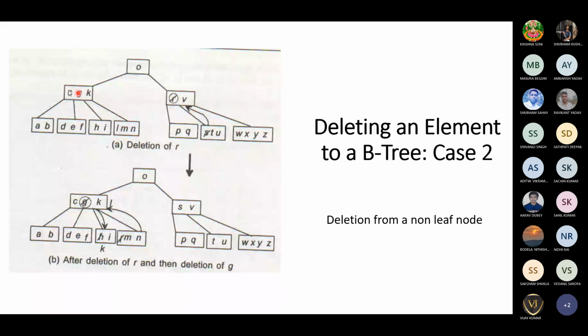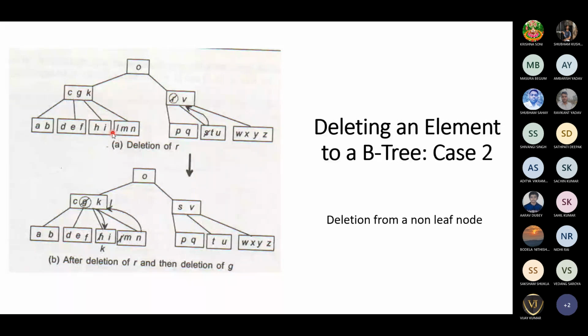When you are deleting a node G, it will be replaced by the leftmost node of the right subtree, that is the value H. H will replace G. When you do that, I will be left with only one node, while the right sibling contains 3 nodes. This creates some imbalance.